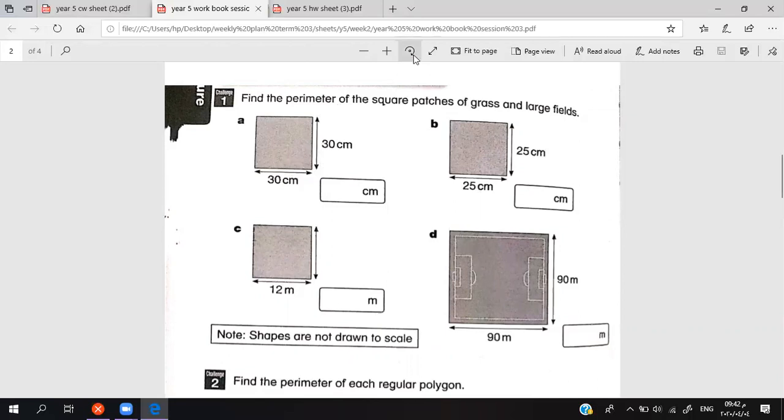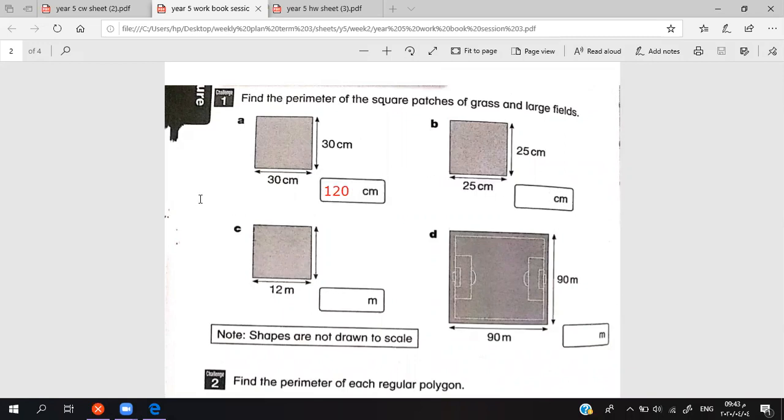So definitely all sides are 30. So this means that in the square, the 30 will be repeated 4 times. Okay, so it's 30 times 4. So definitely 30 times 4 is gonna give me, 3 times 4 is what? 12. So it's 120 centimeters.